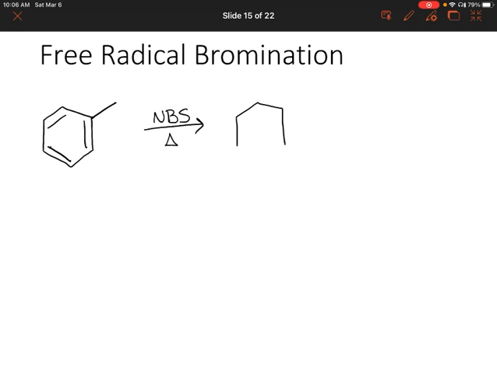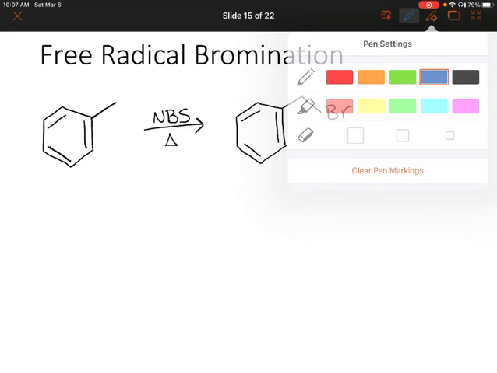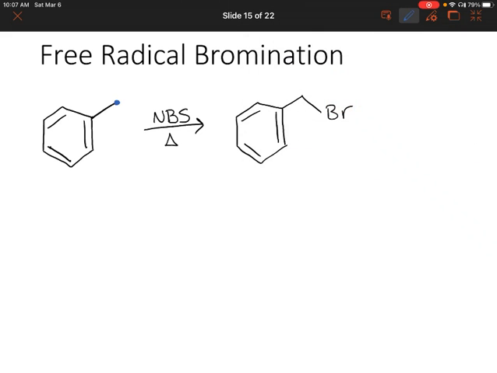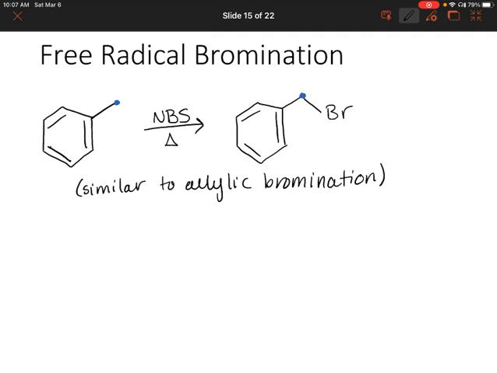This will give us a bromine at the benzylic position. So this is very similar to allylic bromination that we've seen before, but this time it's just at the benzylic position.